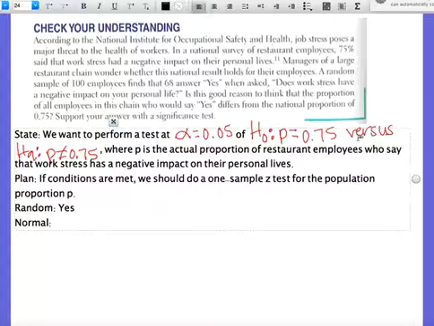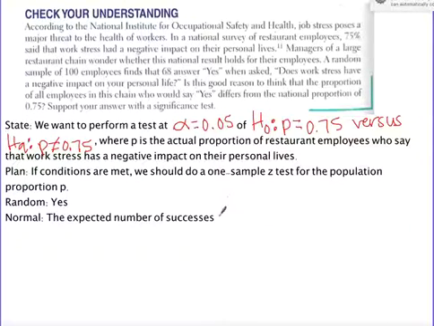So we would say the expected number of successes and failures. Let's go ahead and just do successes. That's going to be our sample size times P0.